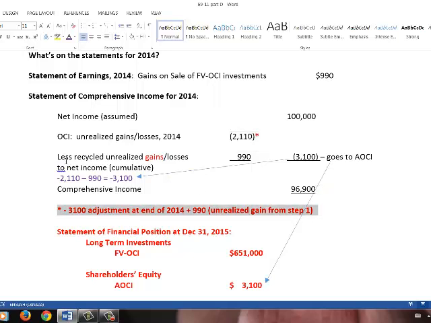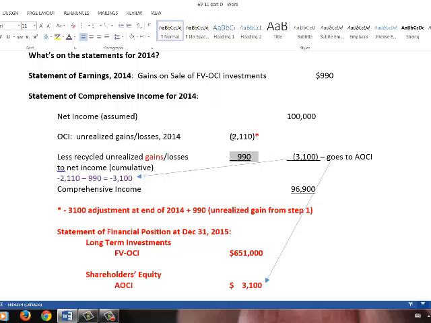Less any cumulative unrealized gains and losses on those 3,000 Normalis shares that I recycled into net income. But it just so happens it's only what I had this year because I didn't have them in previous years. So the cumulative unrealized gain or loss is only the unrealized gain I had this year, which is 990. I can get that just from step 3.